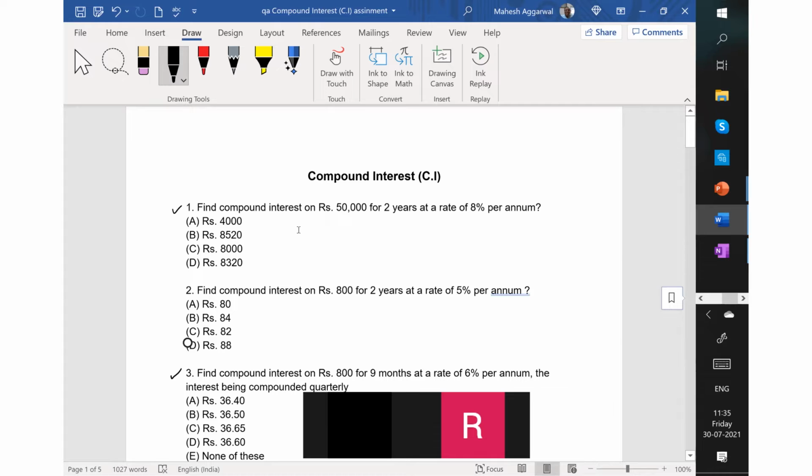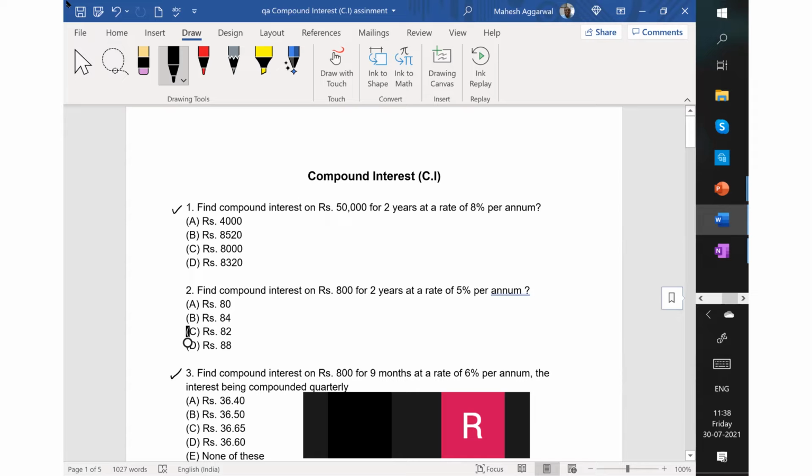Yes, Chirag and Radhika. Let me make one correction. By putting all these figures in the formula that I have told you, you will not get compound interest. You will get the compounded amount. I'm sorry, I said you will get compound interest. No, you will get the compounded amount.